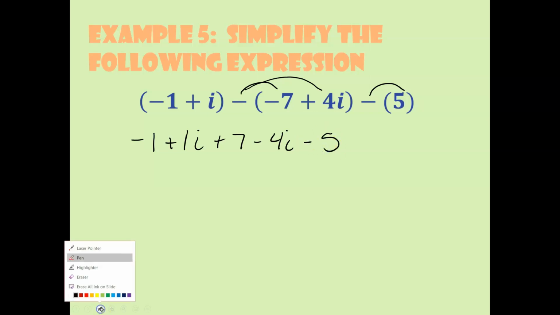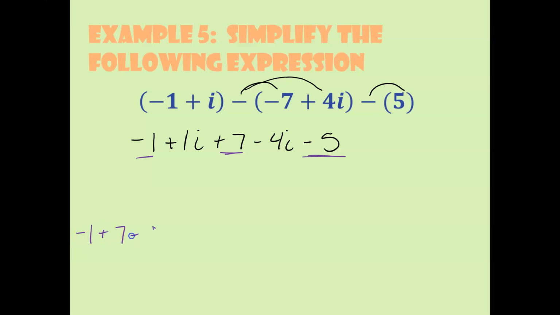So we're going to bring down our reals, okay? And our reals are negative 1, 7, and negative 5. So negative 1 plus 7 minus 5. That is going to give us positive 1. Yep. So we're just going to write 1 there, okay?